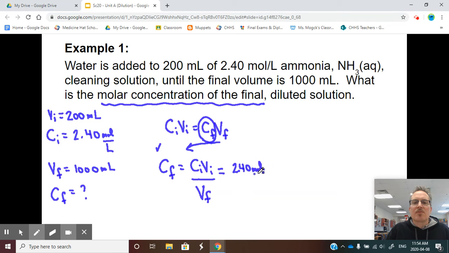2.40 moles per liter concentration. So that's times, and we're going to multiply it by our initial volume of 200 milliliters. And then we're going to divide our answer by our final volume, which is 1,000 milliliters.